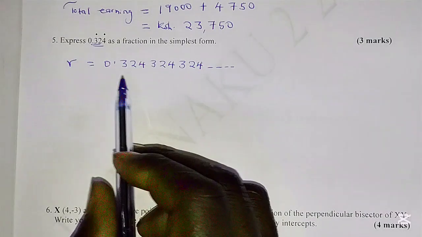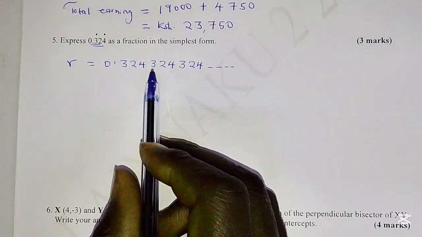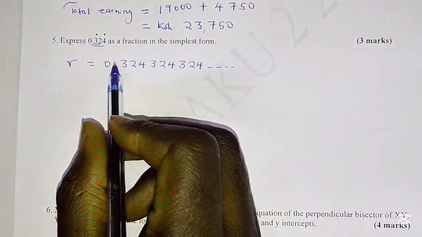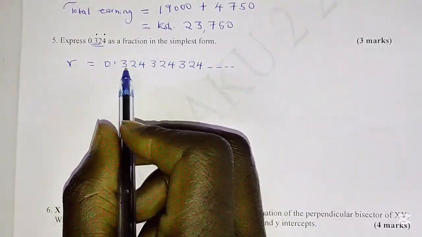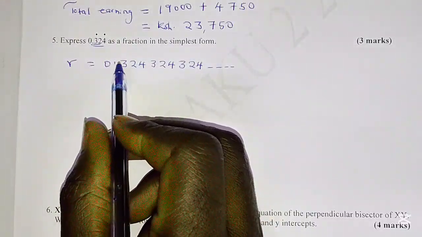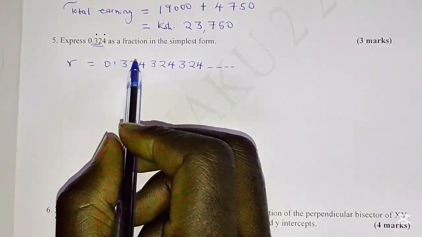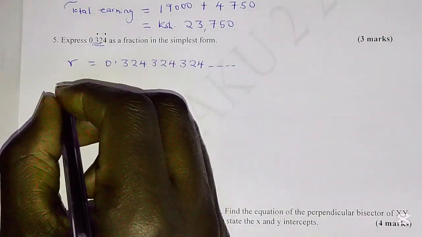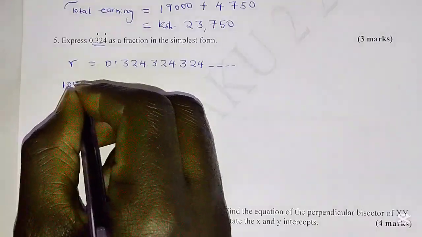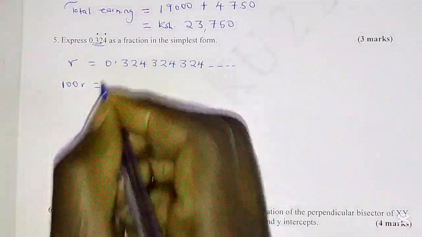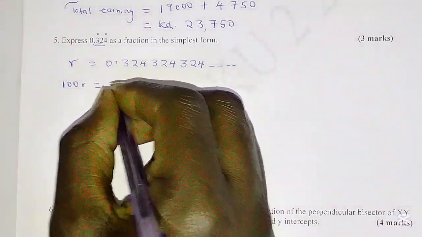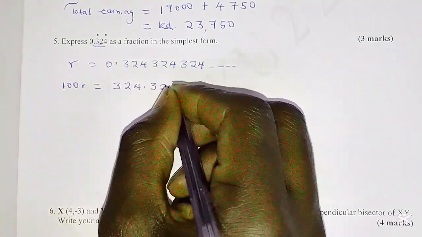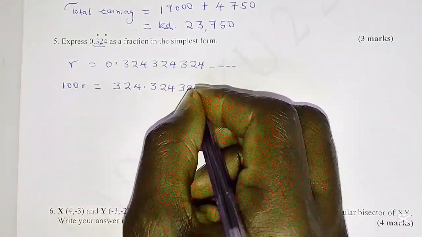Now, we want to get rid of 324. This is 324 that is recurring. So how can we move this decimal point ahead to cover this 324? We are going to move 1, 2, 3. It's like you're going to multiply with 1,000. So 1,000 R is going to be equal to 324.324.